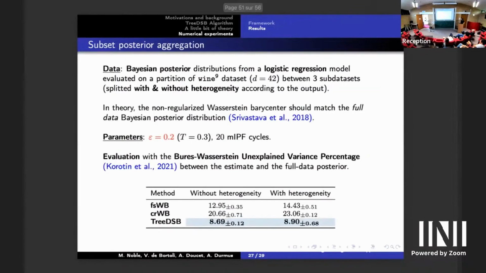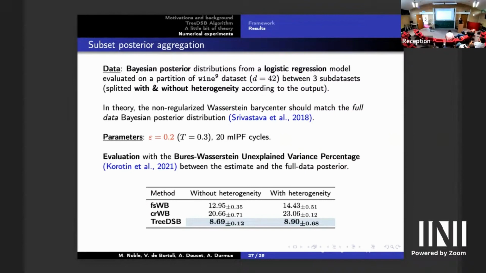And something which may be interesting for some of you is a task which we call subset posterior aggregation. So the idea is, if you have multiple data sets and you want to compute some posterior distributions based on these data sets, you may want to compute while gathering all the data sets or while splitting the data sets.